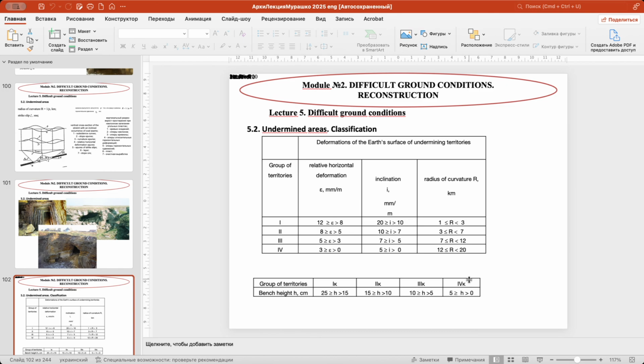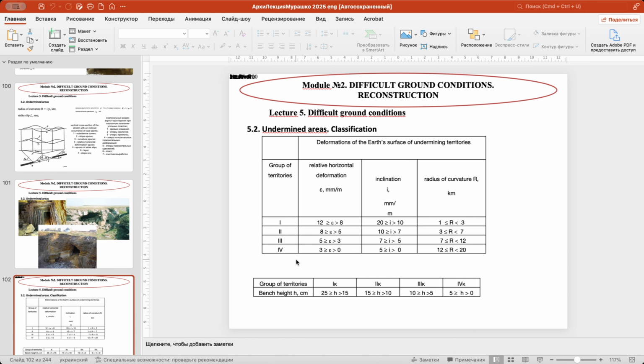The worst case scenario is the first group of territories. The best construction site is without any undermined areas, but if you have to deal with undermined areas, the best case scenario is the fourth category. So the worst case is the first category, and the best situation is the fourth category.